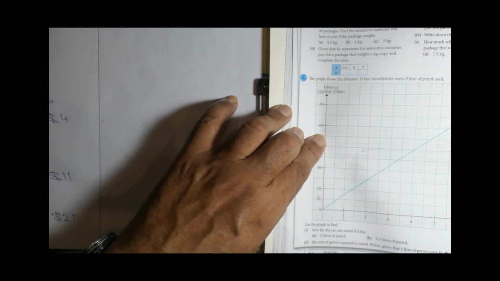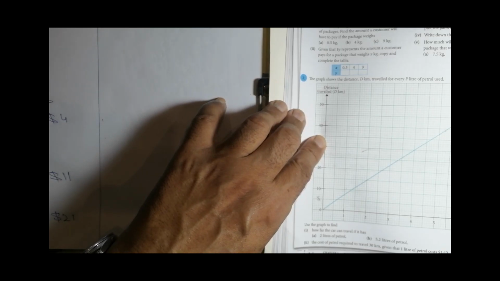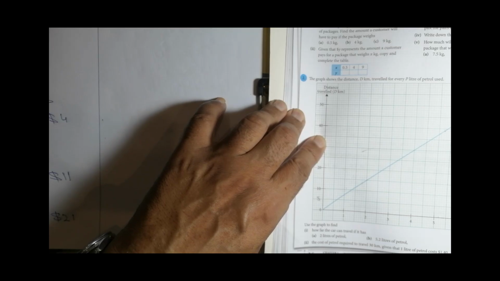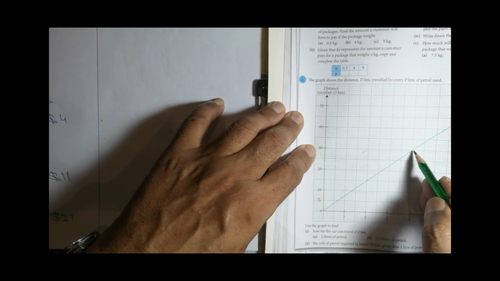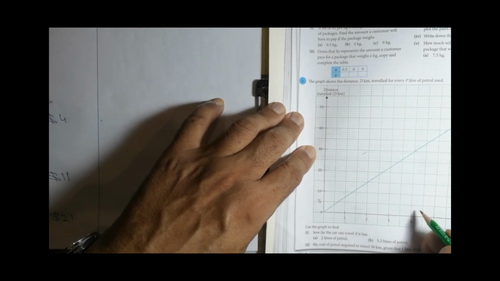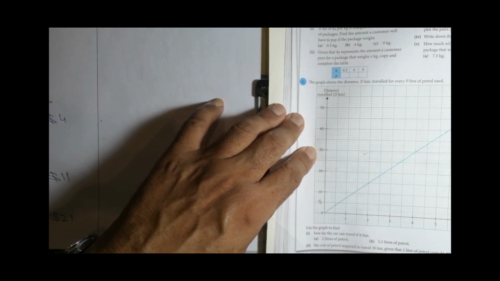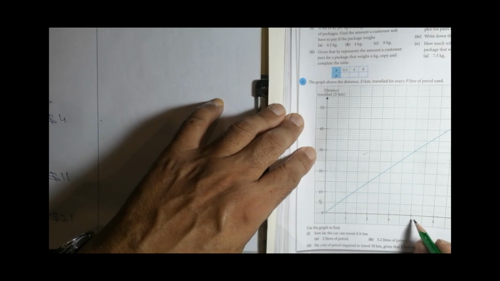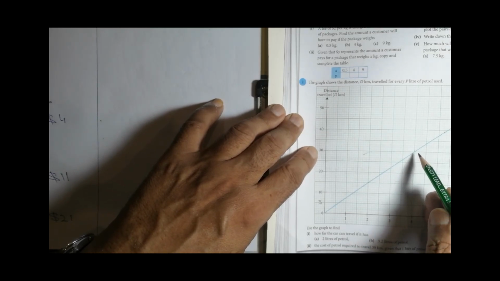And we need to find the cost, but first we will find how many liters of petrol are used to travel a 30 kilometer distance. This is 30 kilometers, and the point on the line is this one. And if we see below, that is 4 kilometers.